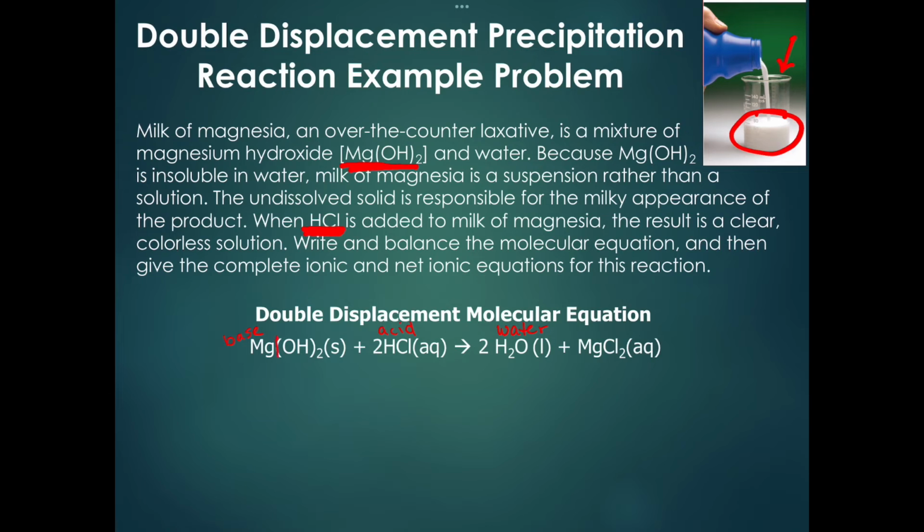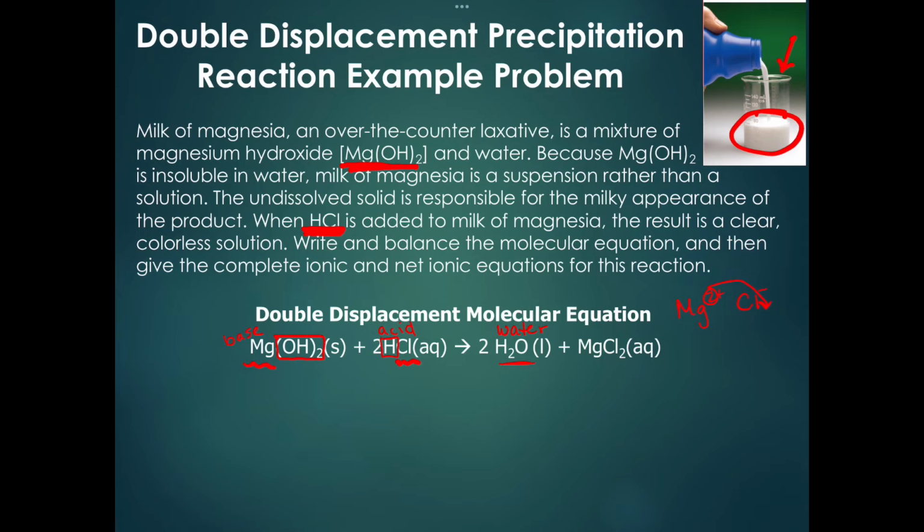Remember, the OH from our base and the H from our acid are what make the water. So our salt is going to be made up of anything that's not those two: magnesium and chlorine. So we have Mg2+ and Cl-. When we circle and switch, that's where we get MgCl2.